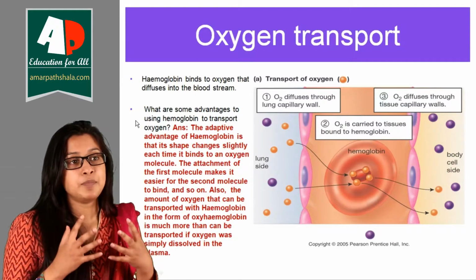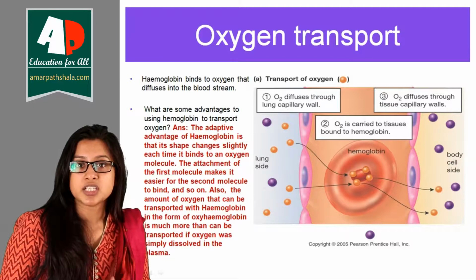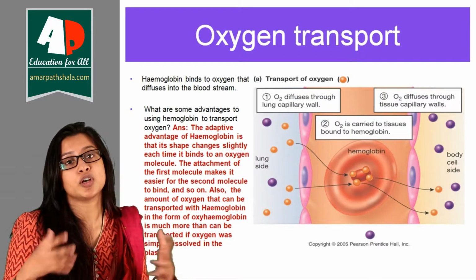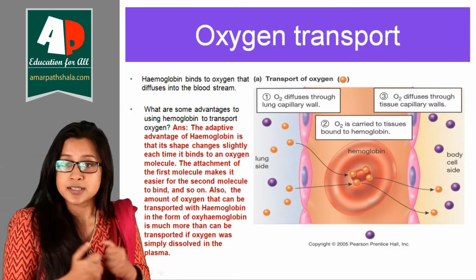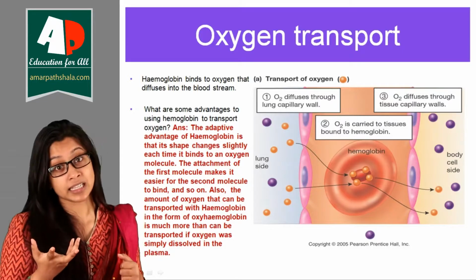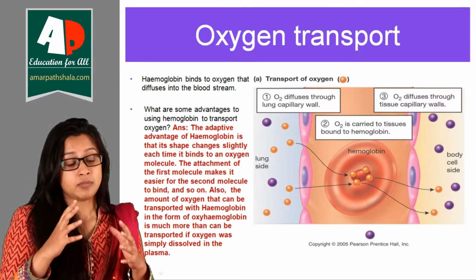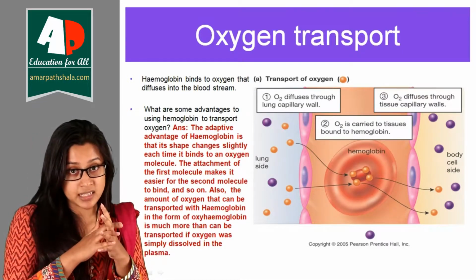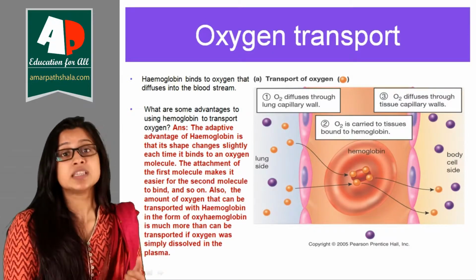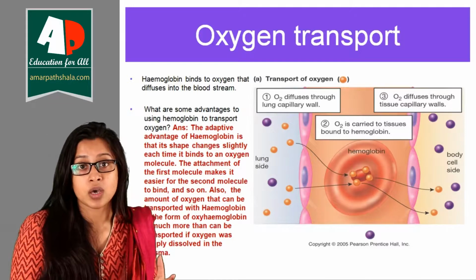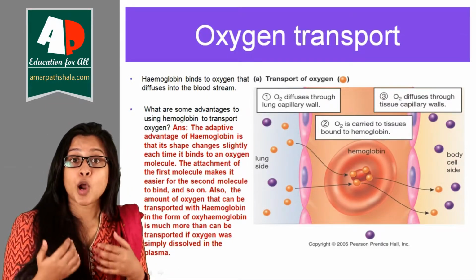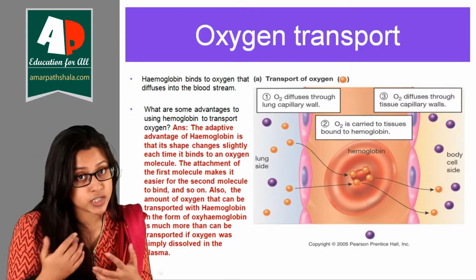See, the adaptive advantage. The term adaptation means to adapt yourself to your environment. So in the case of hemoglobin, the adaptive advantage is that hemoglobin is like a glove, guys. Once the first oxygen molecule binds to it, it changes its shape slightly so that it can allow the second oxygen molecule to bind better than the first one did.